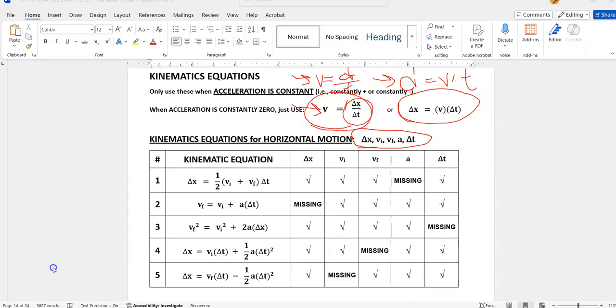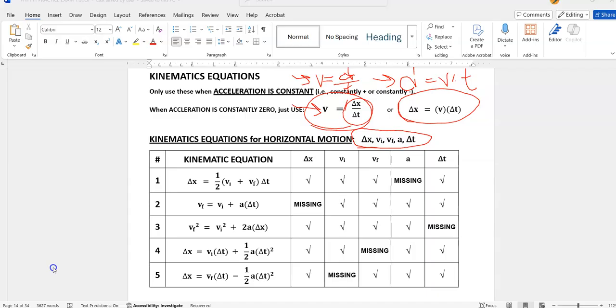The way you select the equation you use is you ask yourself, what are the givens in this problem? What values, which of these 5 values do you know from the problem? They might be stated outright with actual numbers, or they might be in some wording that allows you to figure out the value of them.